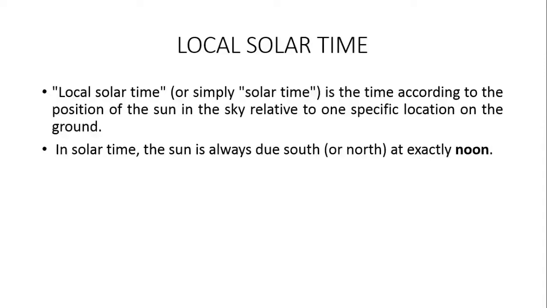Now the next definition, local solar time, or simply solar time. It is the time according to the position of the sun in the sky relative to one specific location on the ground. In solar time, the sun is always due south or north exactly at noon.